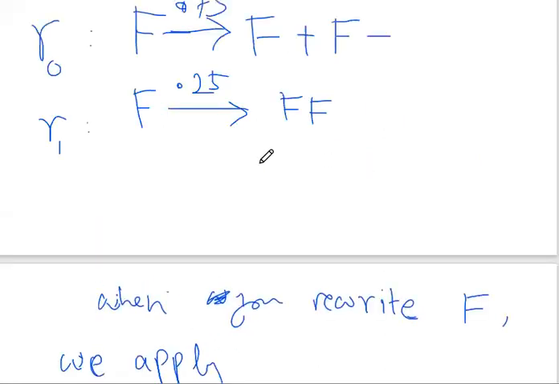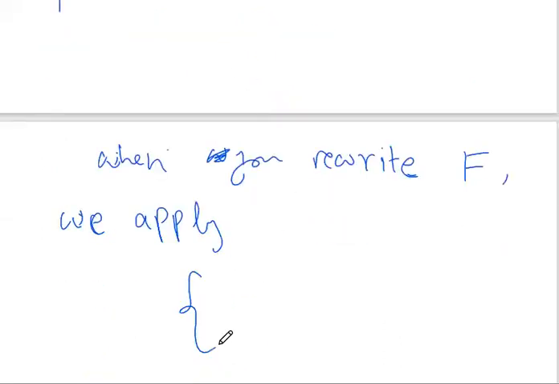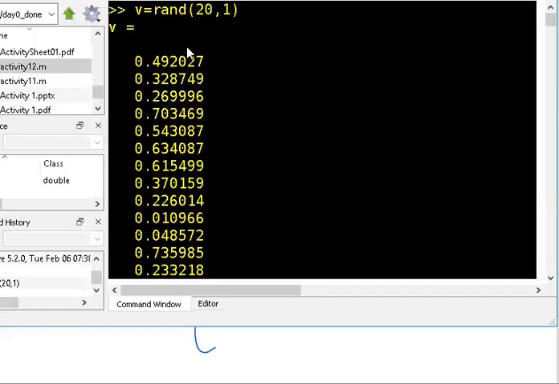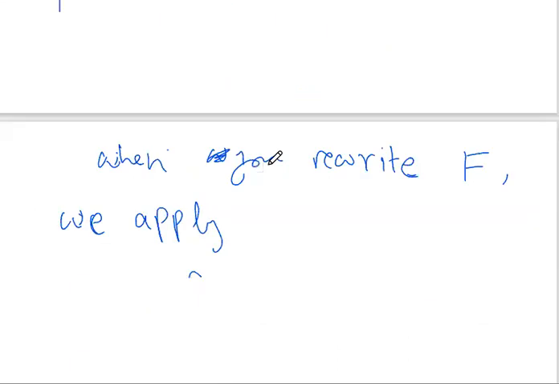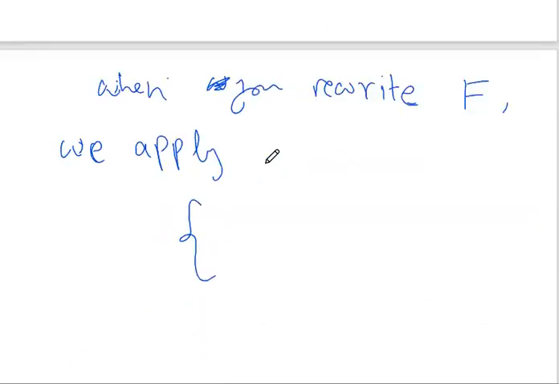We use rule zero, R0, whenever our random number is less than 75%.